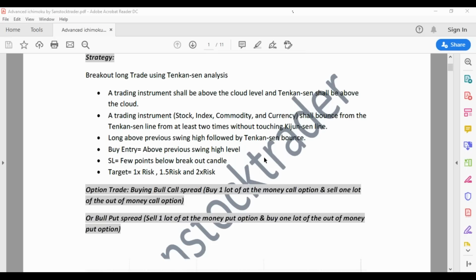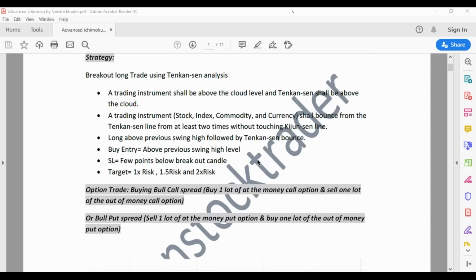Because it tells us that the retracement or pullback is shallow. If a retracement is bouncing from the Tenkan-sen, that means even a small correction is being bought by the traders. That gives us a hint that the prevailing trend is strong, and that's why this Ichimoku Tenkan line will be of use.